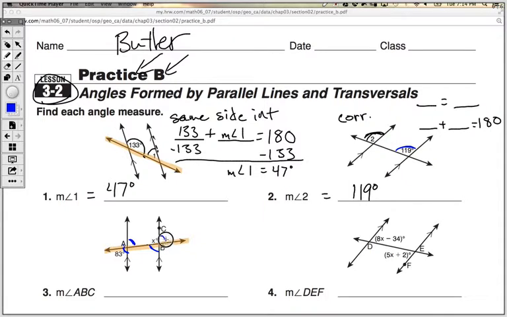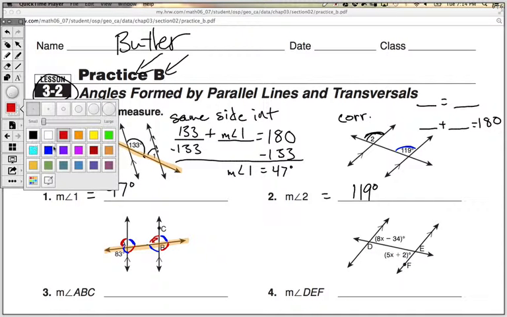So all these blue ones would be equal, by vertical angles, corresponding, alternate interior, or alternate exterior. Then for the other angles that go with the x, here's the x, and the vertical angle on the other side would be equal to it. Over here, this alternate interior angle would be equal, and so would this corresponding angle. So we got all kinds of options, blue and red.